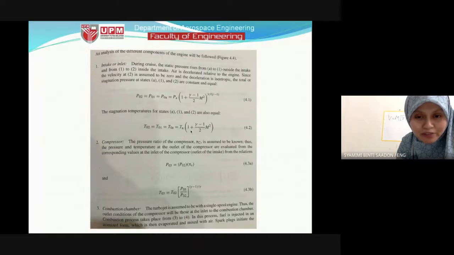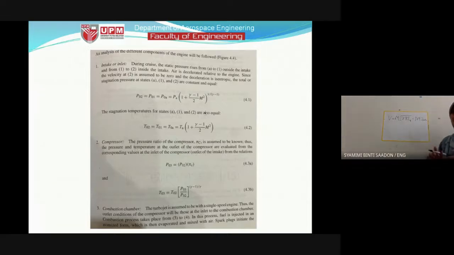So use this equation, gamma 1.4, TA given, and the same for PA. And then we have the PO2: 238 Kelvin, PO2 31.88 kilopascal, by using both of these equations.